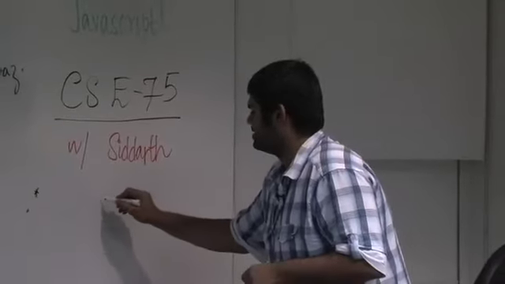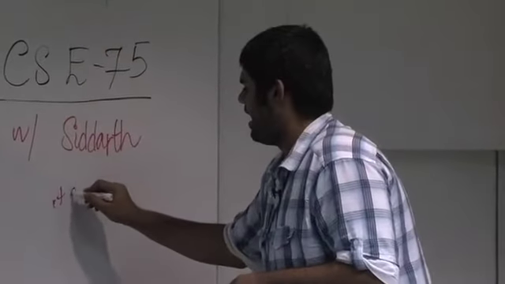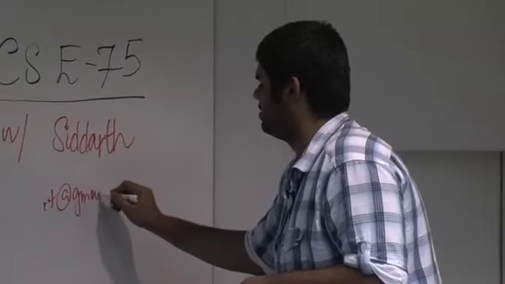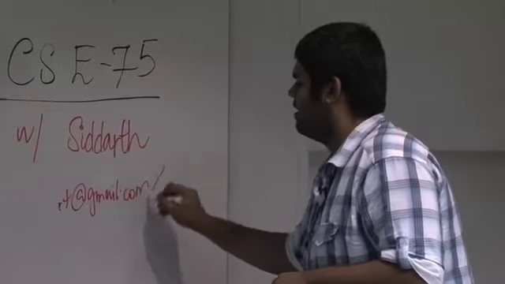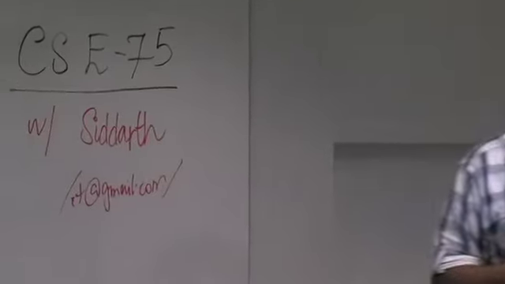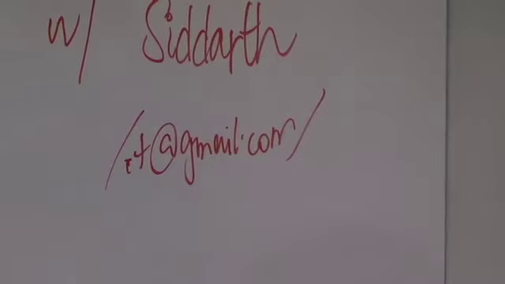If you want to check specifically for Gmail, you could do something like .+@gmail.com, and this is a valid regular expression. But in general, you don't check semantics. You just check structure. Other questions?